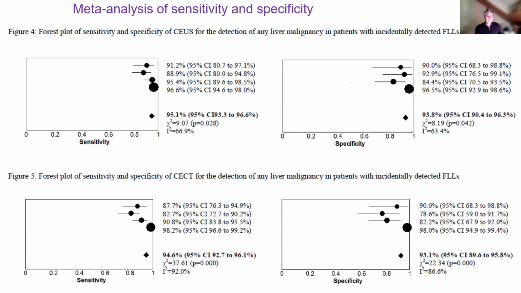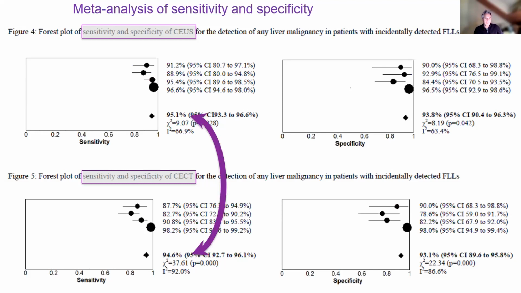And you can see on the upper left-hand side basically that we first looked at contrast-enhanced ultrasound. The upper part of the screen and the lower part of the screen just shows us the results of the contrast-enhanced CT. And what you can see then is basically an overall score of 95.1% for sensitivity of contrast-enhanced ultrasound compared to 94.6.